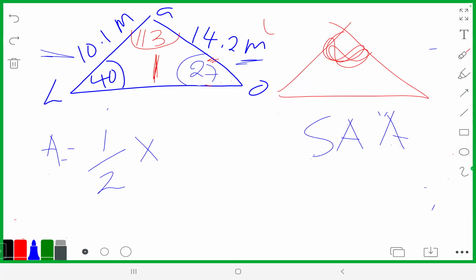Those two sides are what you put here. In this case it is O and L. Then sine the angle that is being marked, which is G. You get the point?